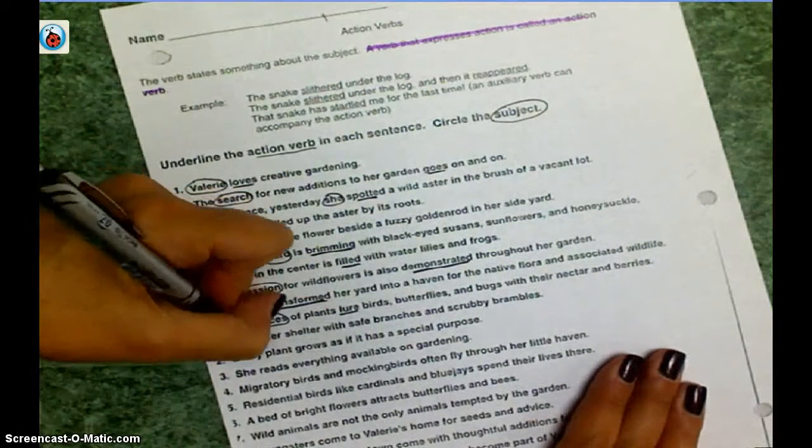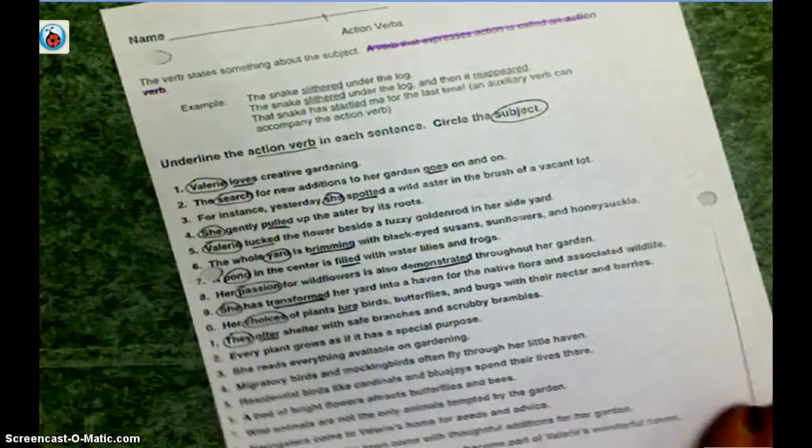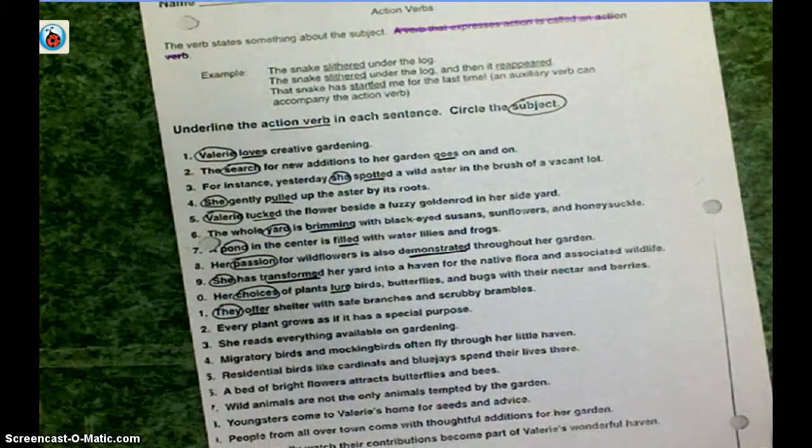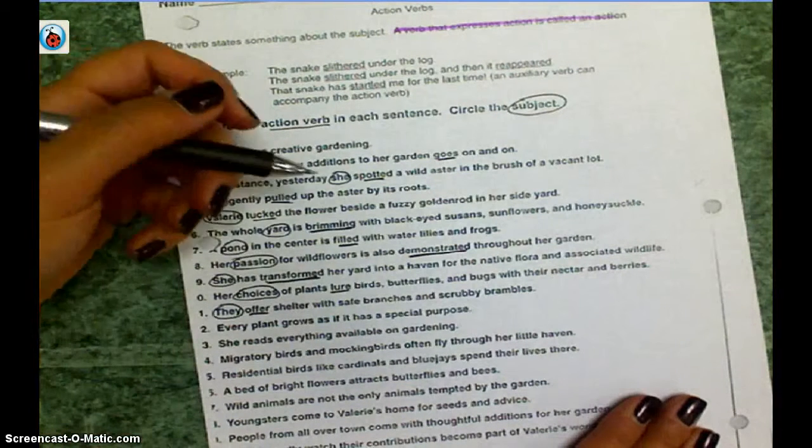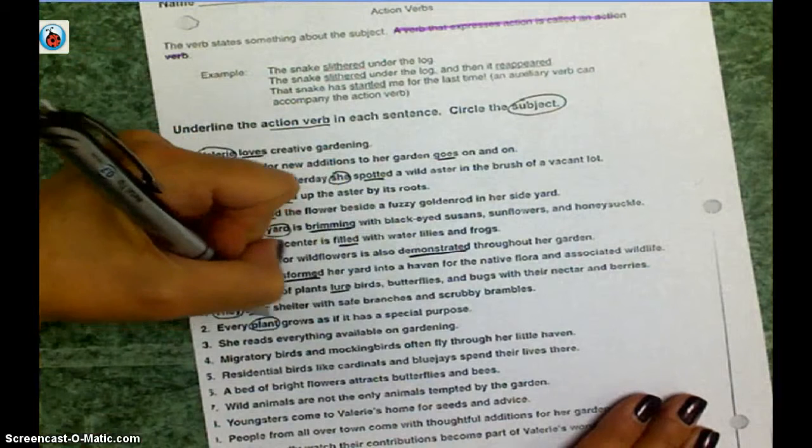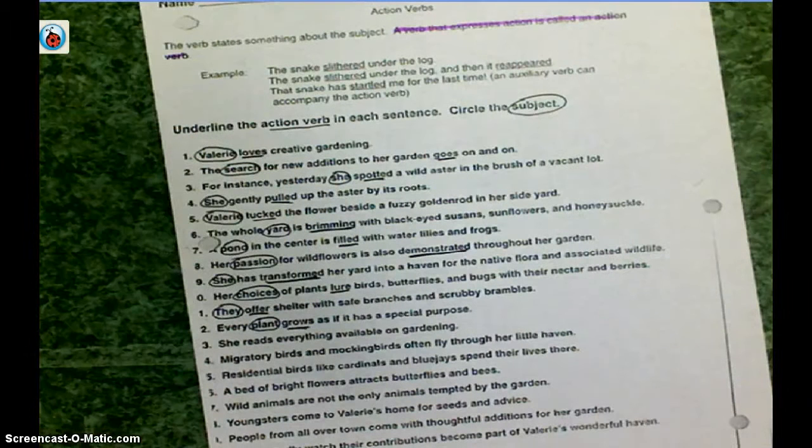They. What do? They offer. Every plant grows as if it has a special purpose. This is number 12. Who or what did it? Plant. What did it do? It grows.